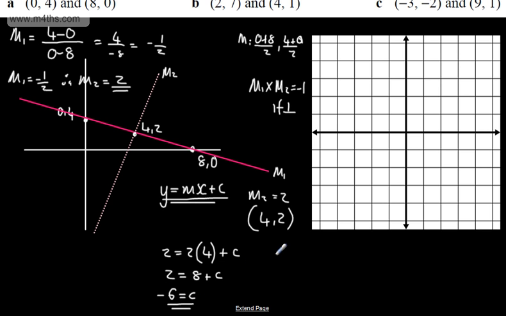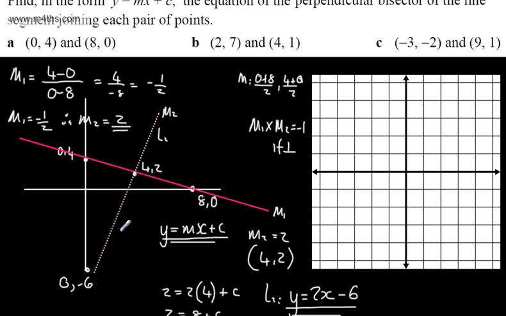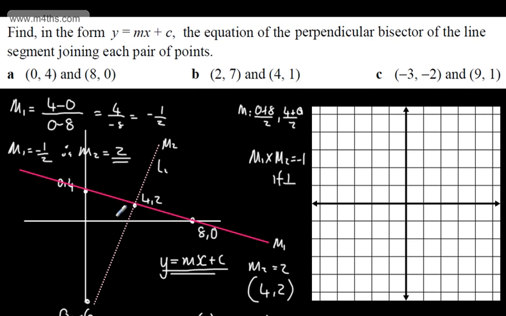So we can say now the equation of this line right here, which we might see as L2, line 2, has the equation y is equal to 2x, that's the gradient, and then minus 6. And that looks pretty good, that point right here when it would meet just here, looks pretty good for negative 6, 0, and we found that line. So again, that might be beyond the scope of your course, but it's interesting nonetheless.